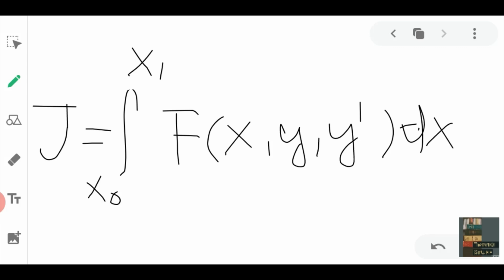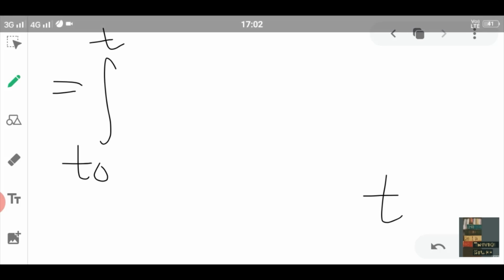In parametric form, however, it is represented by the following. So in the parametric form we will write it as the integral. We are using the parameter t here, and the limit for t is from t0 to t1.